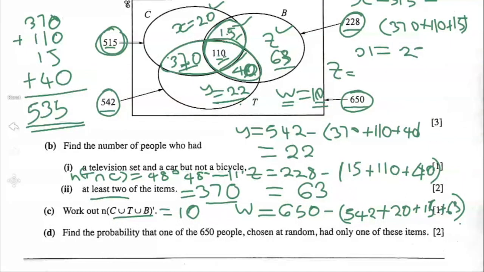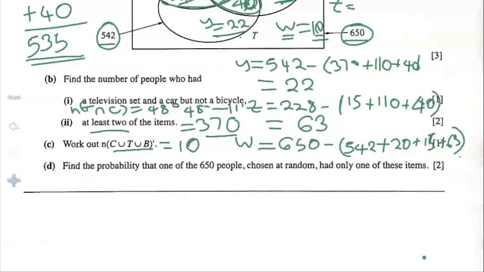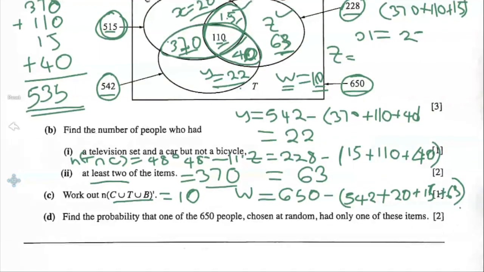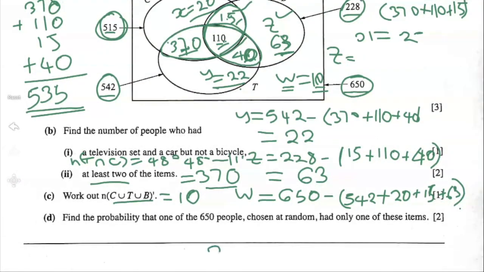Similarly, those with a bicycle only and those with a car only. Then we sum up the people with exactly one item, that is 20, those with a car only, plus 63, those with a bicycle only, plus those with a television set only, which is 22.